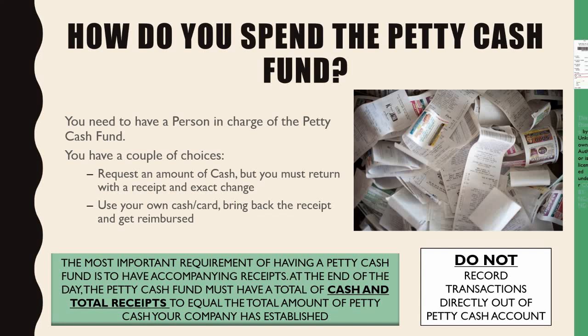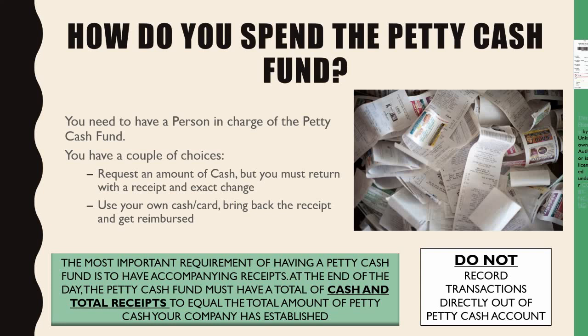You're going to have someone record that you're taking money out. And once you get that amount of cash, you are obligated to return to the petty cash fund with the receipt and the extra change, or the exact change that comes with the receipt, right?